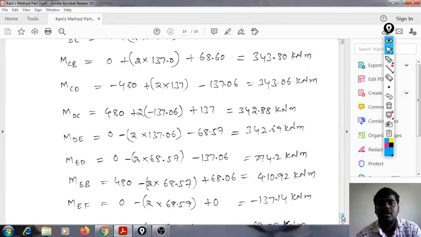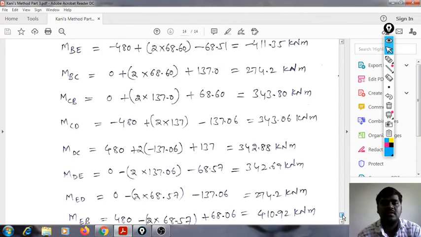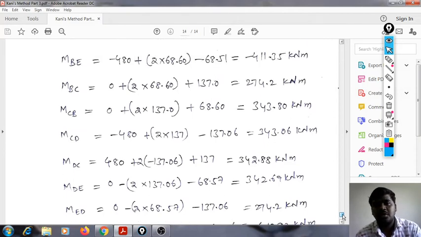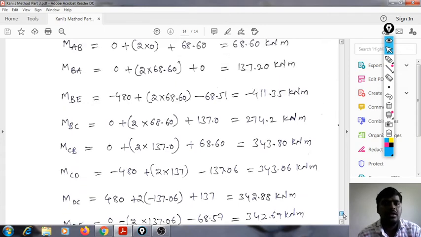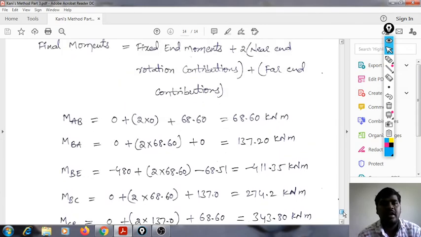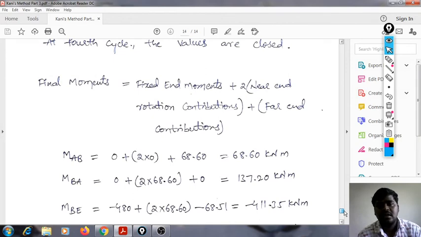We have to count the number of final end moments, because it is very important to know how many moments we are calculating. The examiner will look at how many moments you calculate, and whether you are perfect in the problem or not. They focus on the final moments rather than the values.